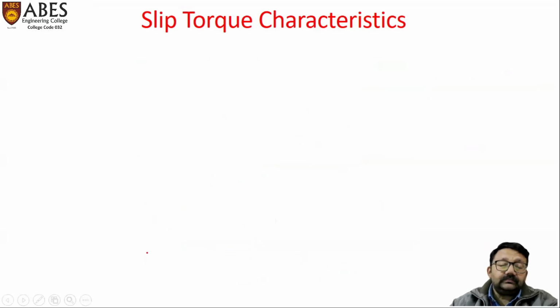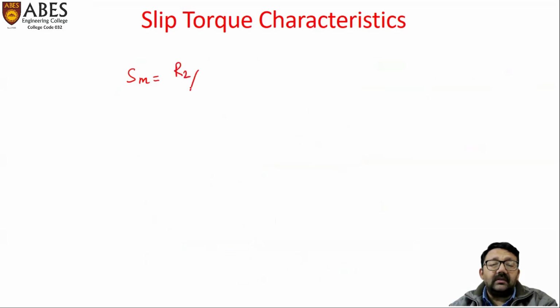Now, as we derived in the previous slide, the slip at which maximum torque occurs is given by the ratio of standstill rotor resistance to rotor reactance.